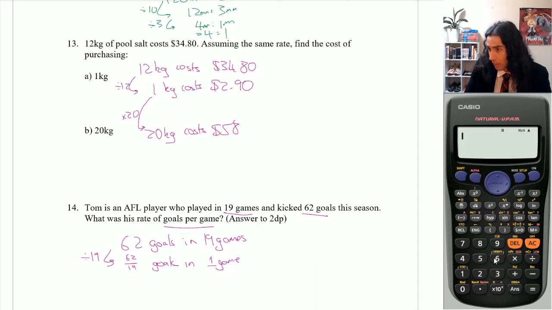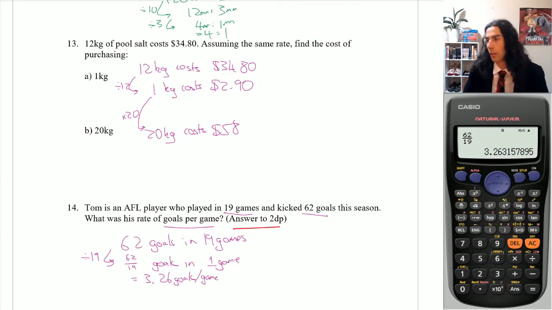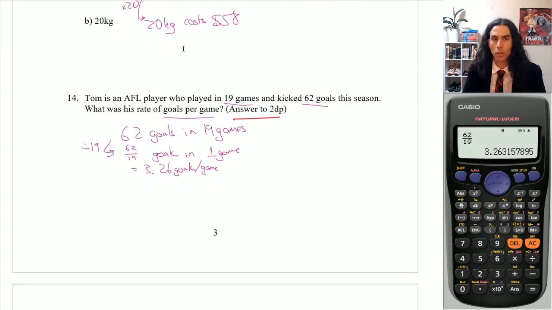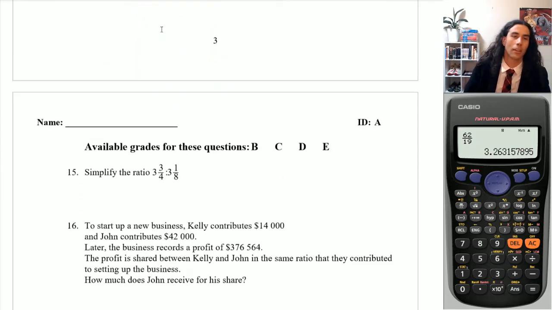No, 3.26. So 3.26 goals a game. I gave it to 2 decimal places because that's what the question wanted. Ooh, long test. All right, next one.